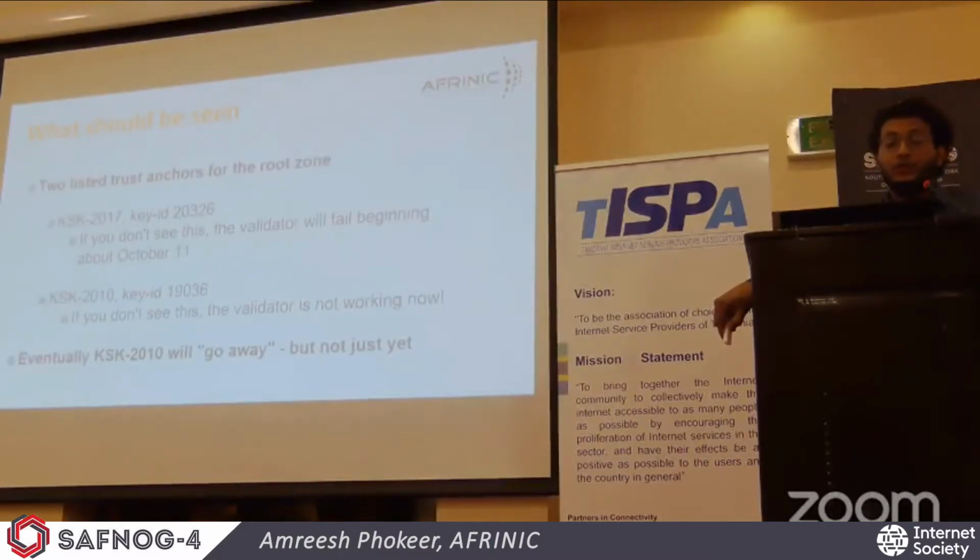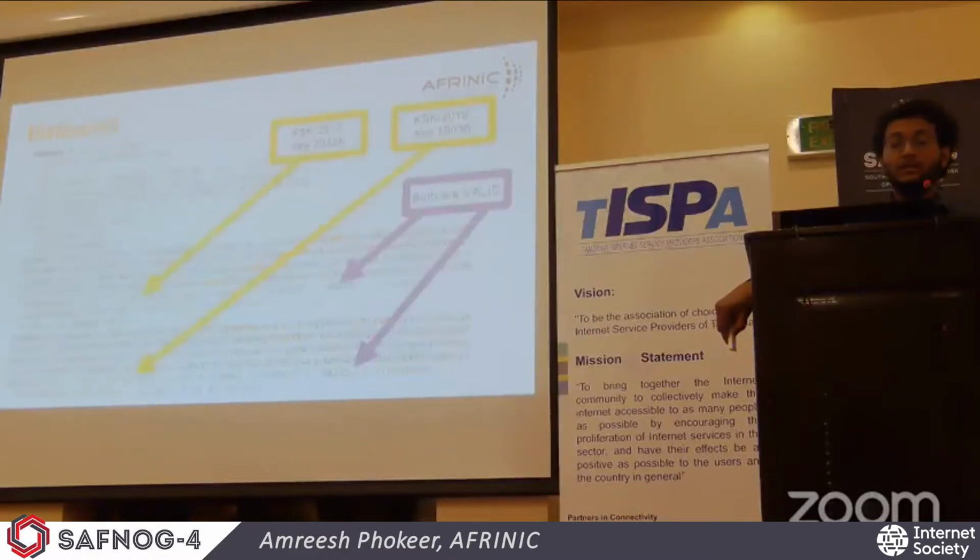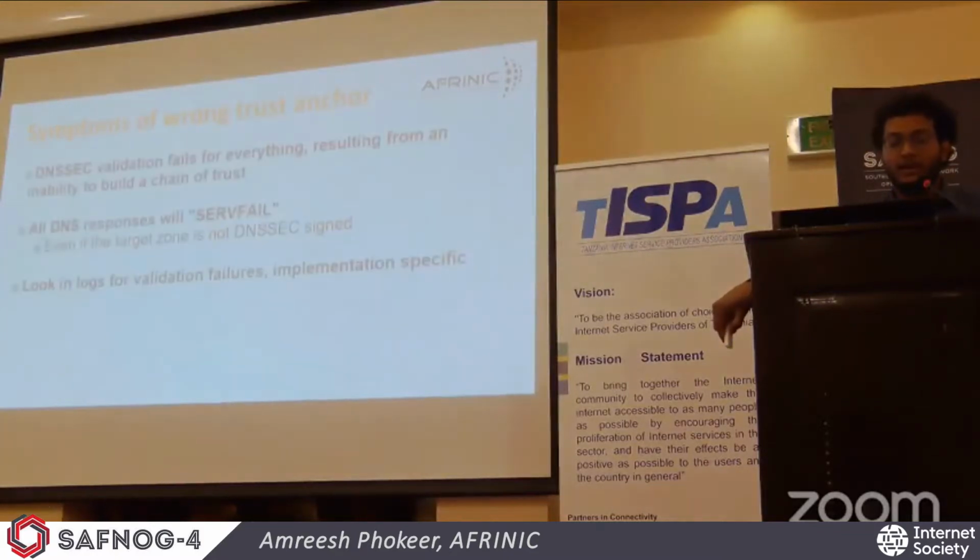Technically, you should see two trust anchors: the KSK 2017, the new one, and the KSK 2010, the current one, which is being used right now but will eventually go away. This is how it looks in BIND, where you have the two keys, and this is how it looks in Unbound. You have the two keys, which are both valid.